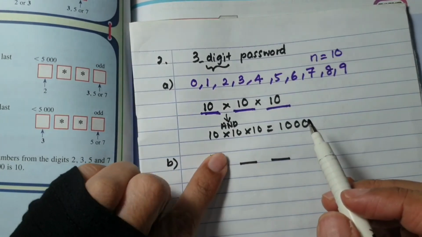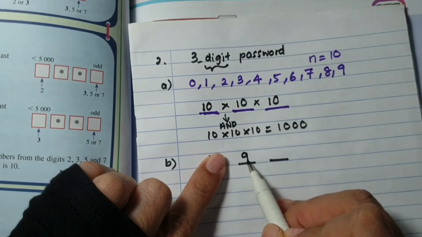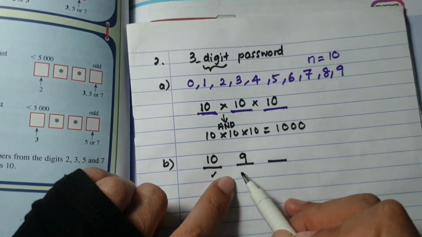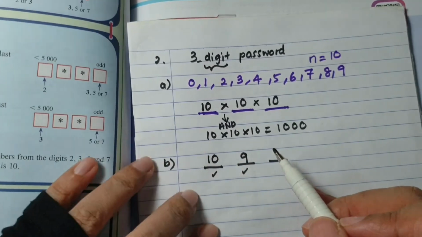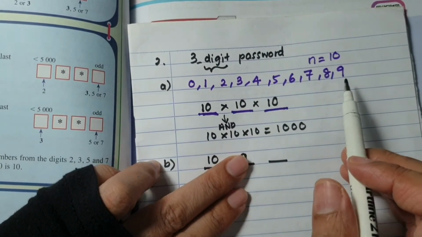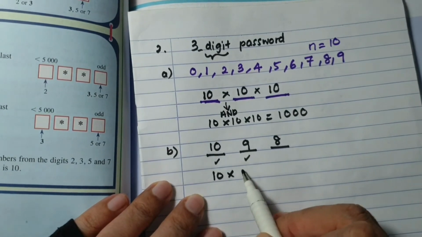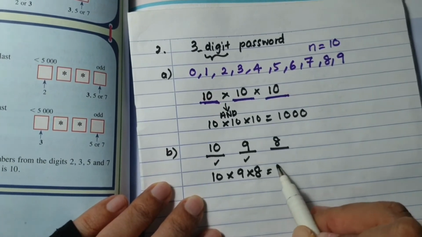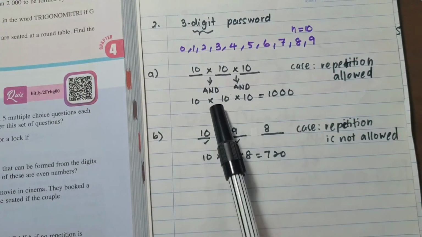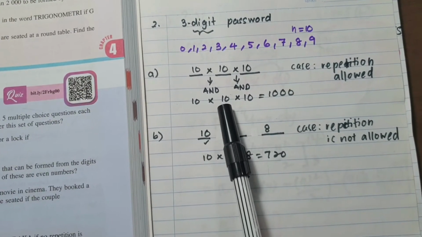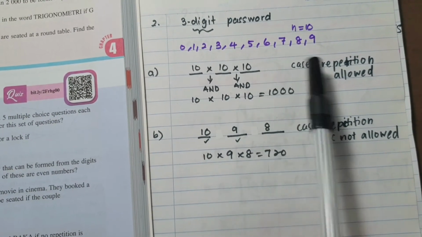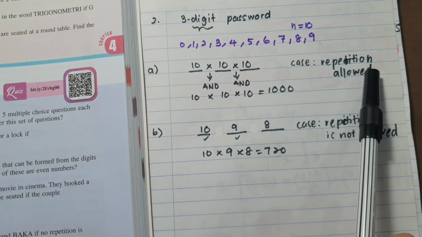So kalau satu dah letak sini, left some more 9. So 1 you put here, 1 you put here. 2 dah guna. Altogether you have 10, left some more 8. So the answer is 720. Done.